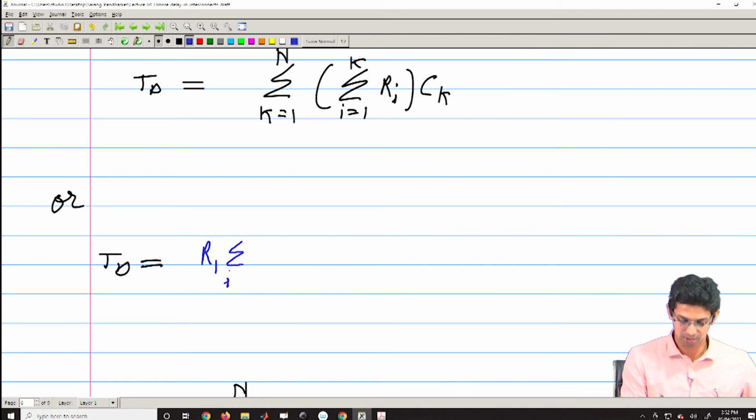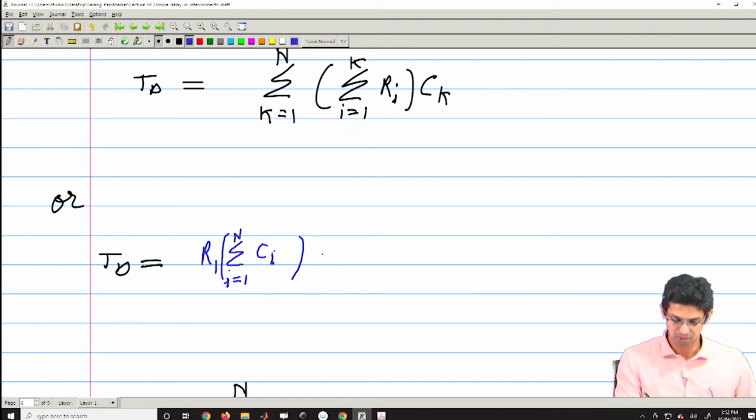So, I can start by writing the summation i going from 1 to N of C_i. Then, if I take the second resistor, in the second resistor I will be having this summation.